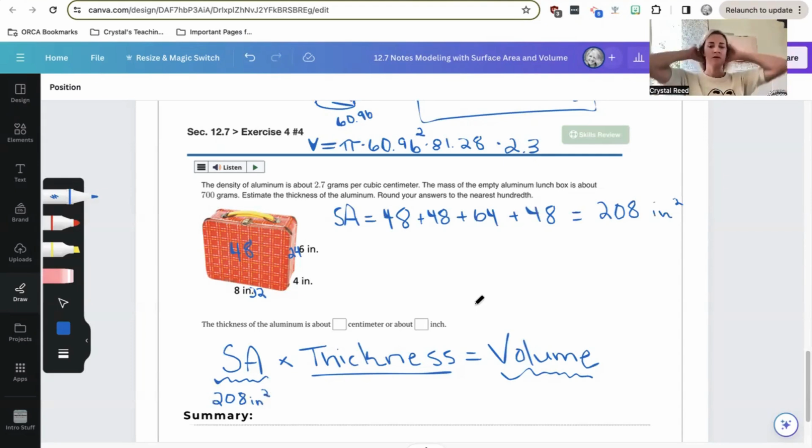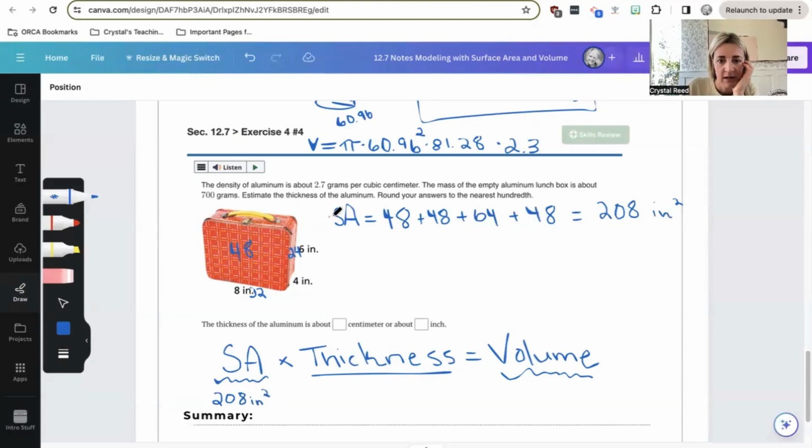And that one also, it's wanting it in, oh gosh, a mass empty is 700 grams. Estimate the thickness of the aluminum. Oh, it does give you the grams per cubic centimeter for the density. So we actually do want to find this not only in centimeters, but also inches. So let's actually go back and convert all of that to centimeters.